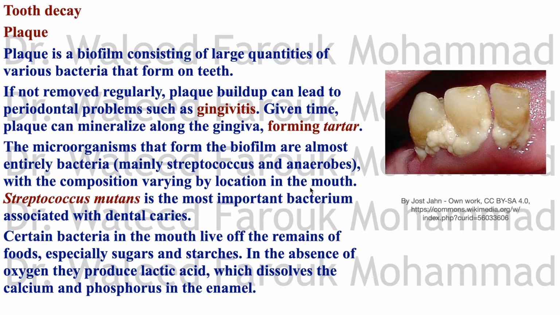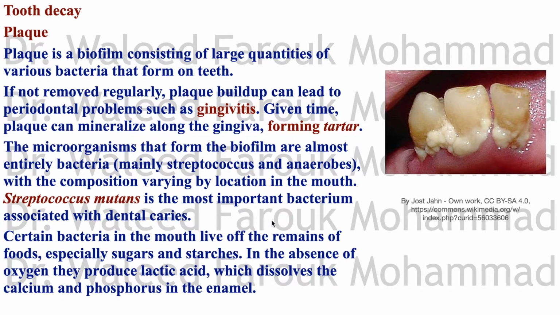Regarding tooth decay, plaque forms over time; it's a biofilm mostly consisting of bacteria. If it's not removed regularly, it will lead to gingivitis, and given time, plaque can mineralize along the gingiva and form what's called tartar.